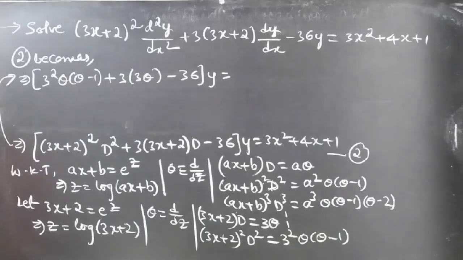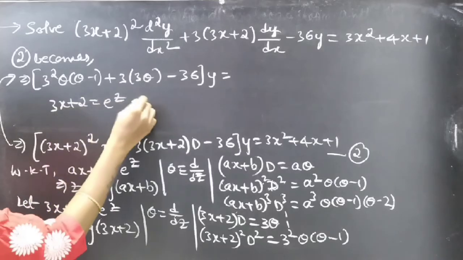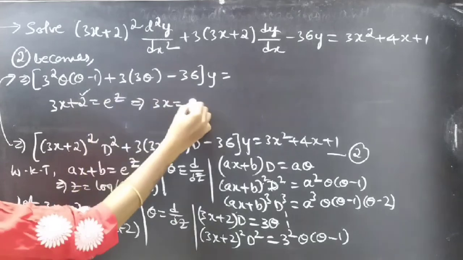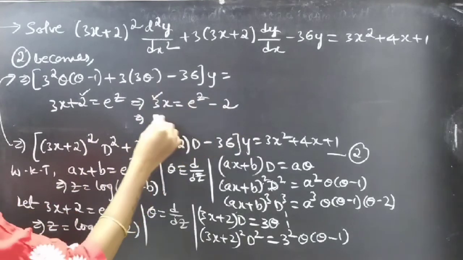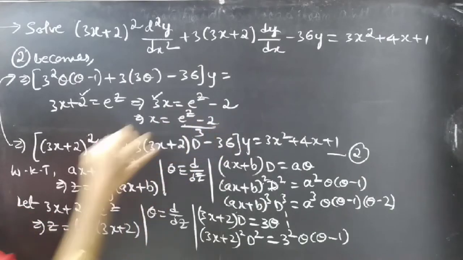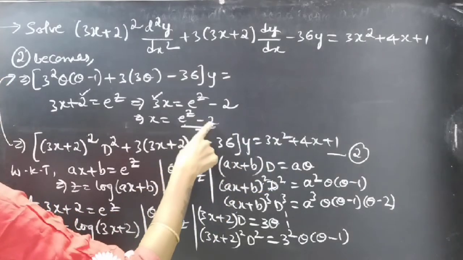So here we have to replace x, since we are having 3x+2 equal to e^z. From this we'll get 3x equal to, just take this 2 to RHS, we'll get e^z − 2. Now take this 3 to RHS, we'll get x equal to (e^z − 2)/3, right? So here we can replace this x by (e^z − 2)/3.